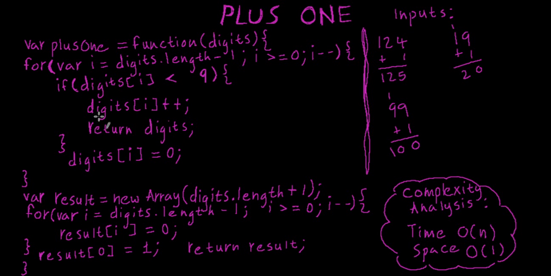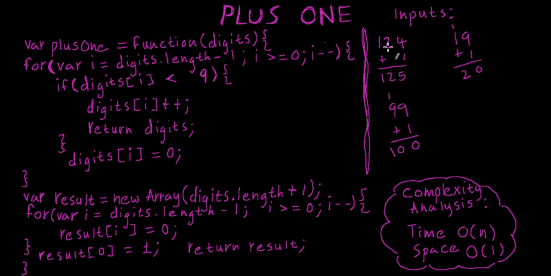Yes, it is. So digits[i] would be incremented by 1. That's what the plus denotation is. So we add 1 to the 4 and we end up with 125, and that's all we do. When digits[i] is less than 9, you can simply add 1 and return.